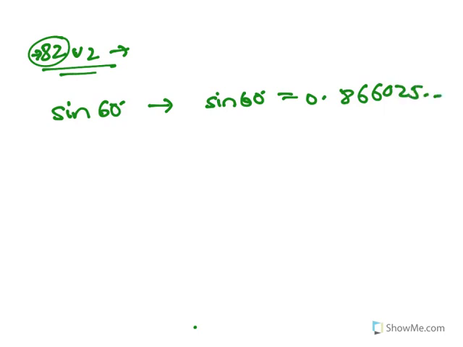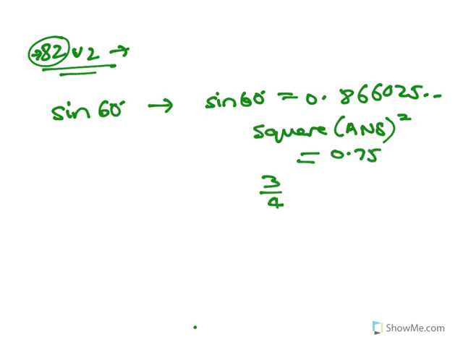Then what you can do is square your answer. When you press equals, you get 0.75. 0.75 is 3/4. So then you manually, not in your calculator, square root that, and that'll be root 3 on 2. So it tells you which ratio it's going to be.